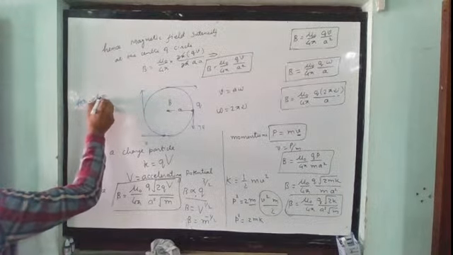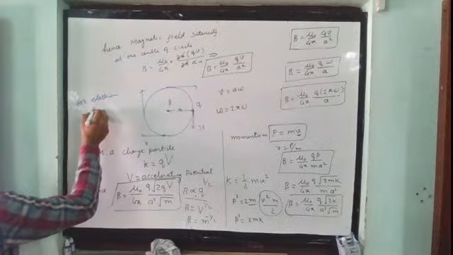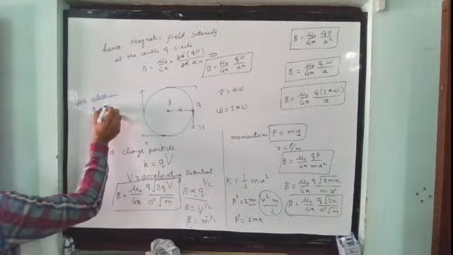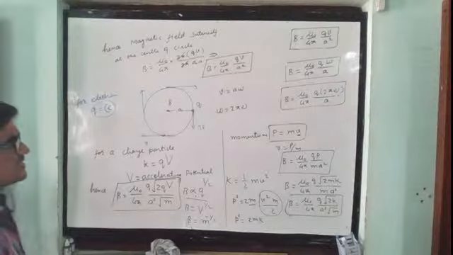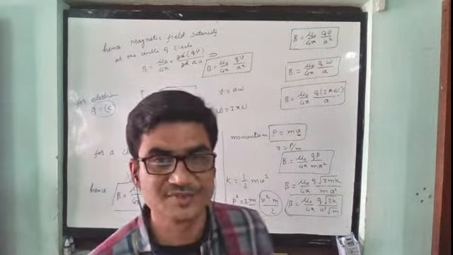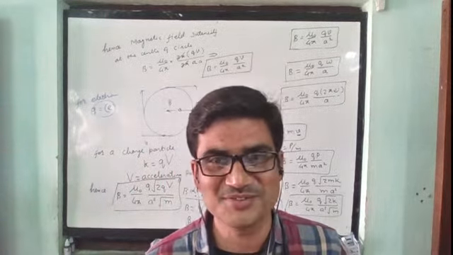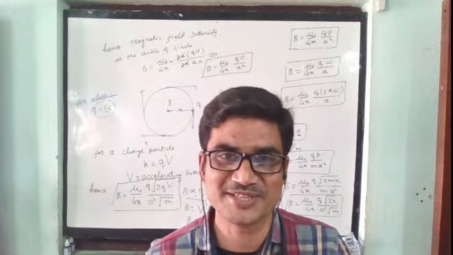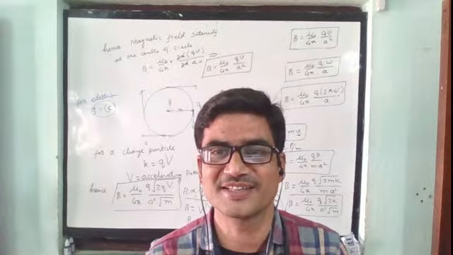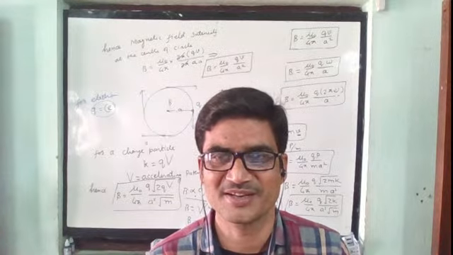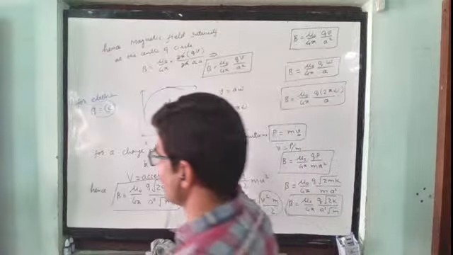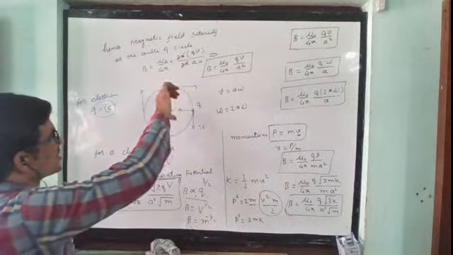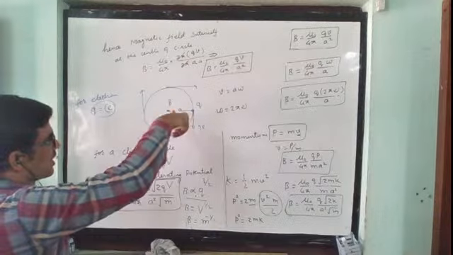For electron, all of you know that the charge of electron q is equal to simply e. Since it is a negative charge, everything will be the same, only the direction of the magnetic field, which we were finding by Fleming's right hand rule, will be just the reverse, just opposite.